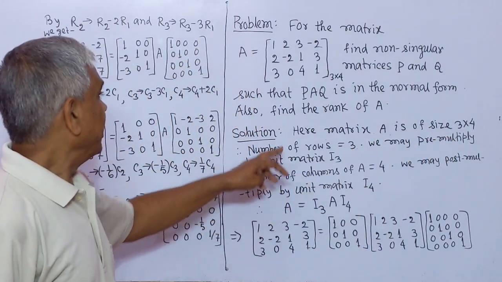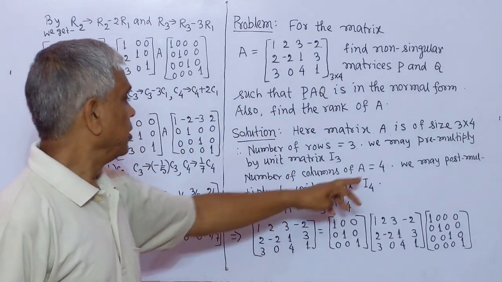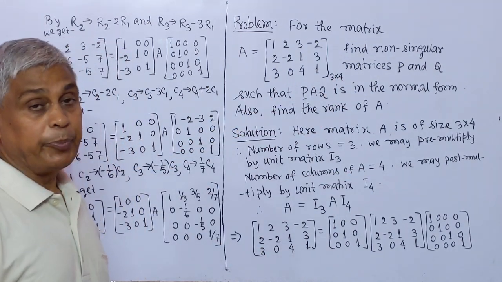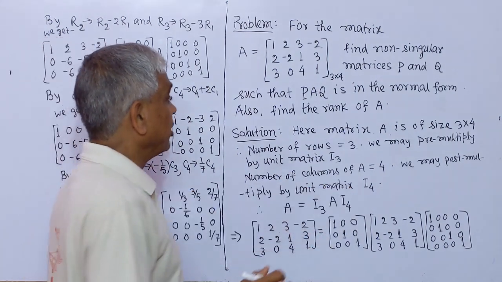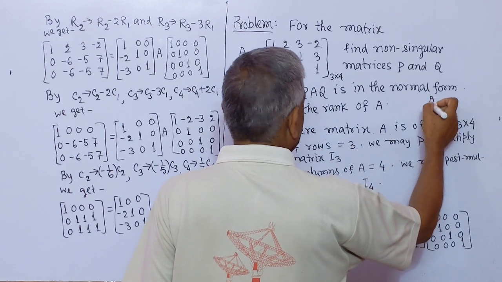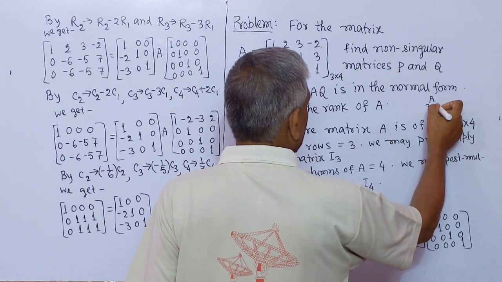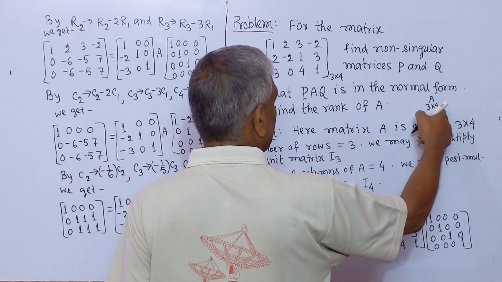And number of columns of A before. So we may post multiply by unit matrix I4. Here A is of size 3 by 4, so the number of columns of A is 4.